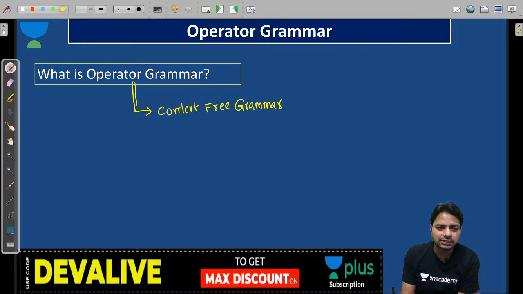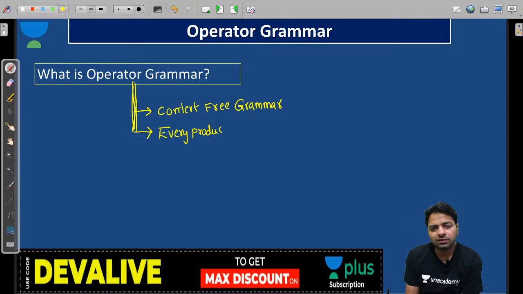Why? Because you need syntax. Apart from this, every production that you see inside this context free grammar should follow two things.